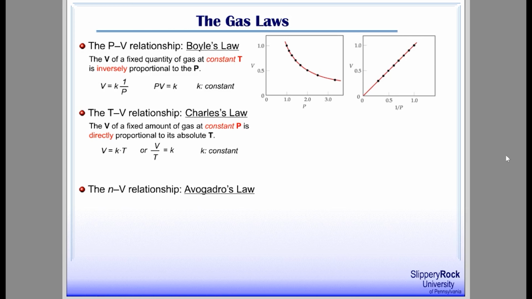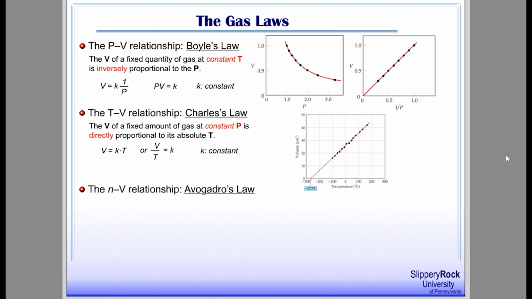Experimental evidence of Charles' law is shown in this graph. The volume of gas is plotted with respect to temperature in Celsius. It clearly demonstrates the trend of increasing volume of gas as its temperature increases.